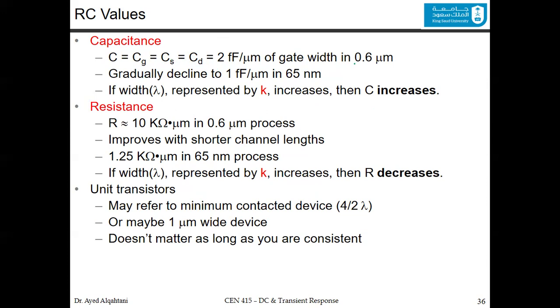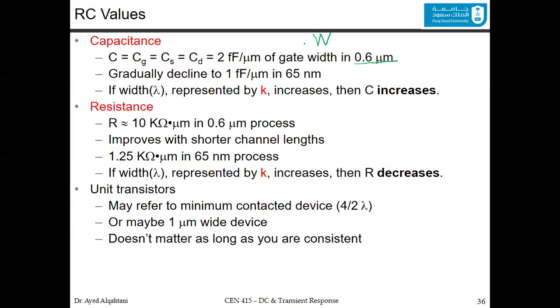So if you say it's a 0.6 micrometer generation, which is kind of an old generation, you have a capacitance of 2 femtofarad per micrometer, which means to get the capacitance in farad, you should find out how many micrometers you have, which is basically the width.